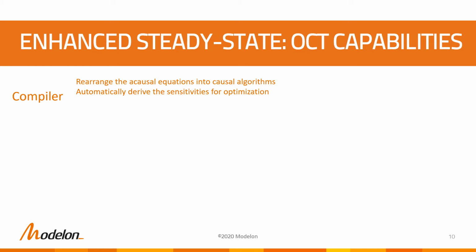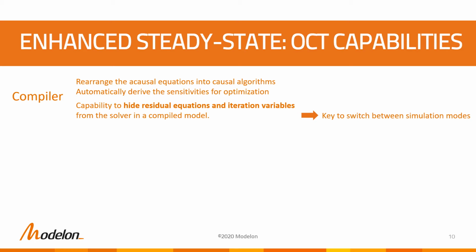While these features are generic to most Modelica compilers, Modelon Optimica Compiler Toolkit has the additional capability to hide residual equations and iteration variables from the solvers in a compiled model. This feature is key to enable switching simulation modes without recompiling the model.